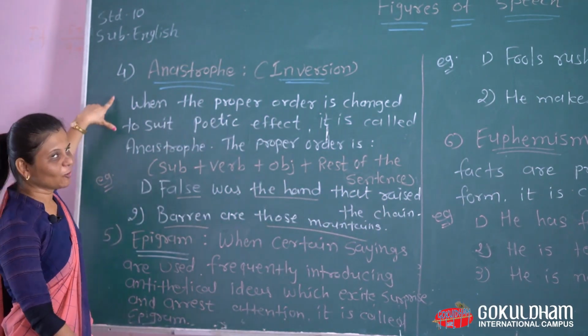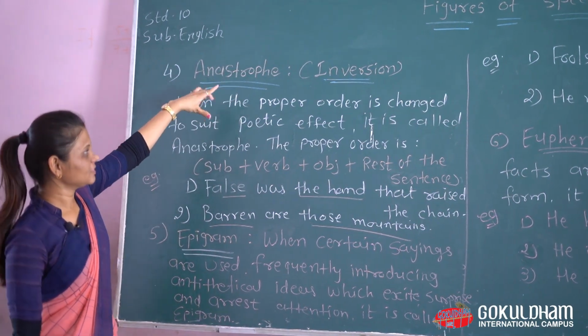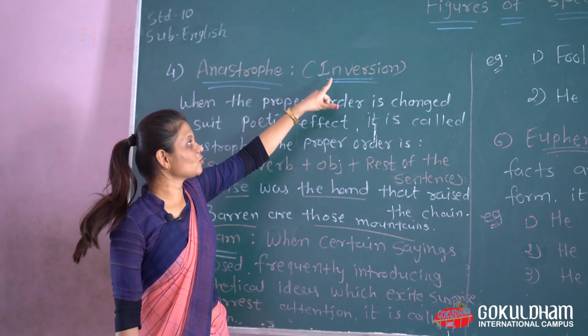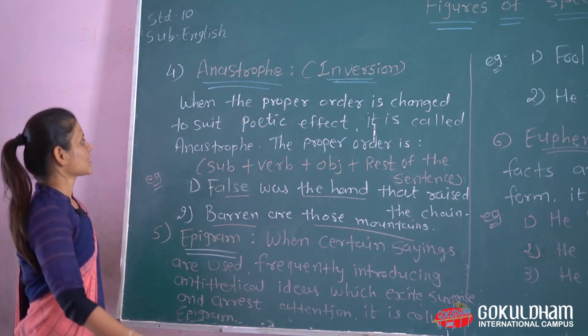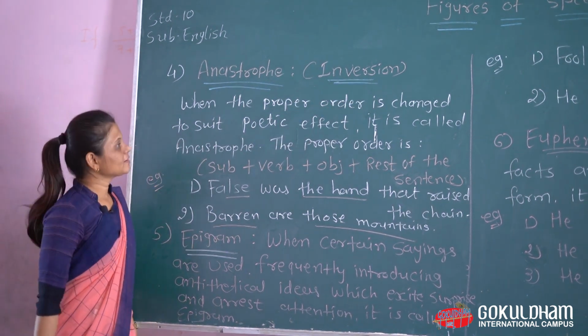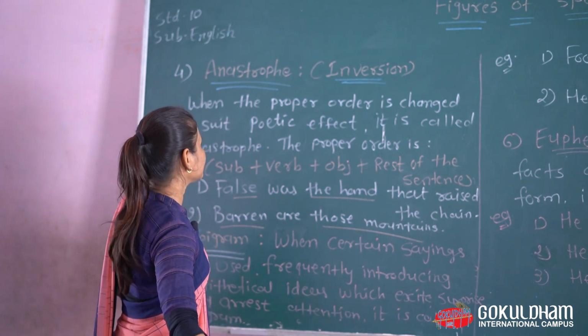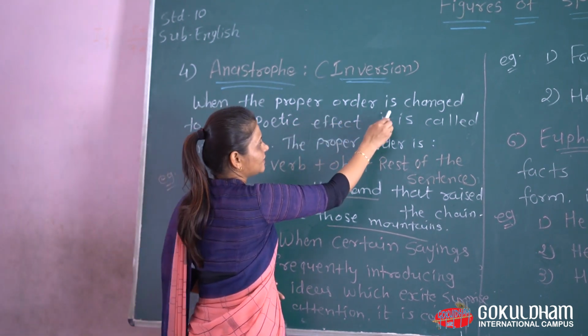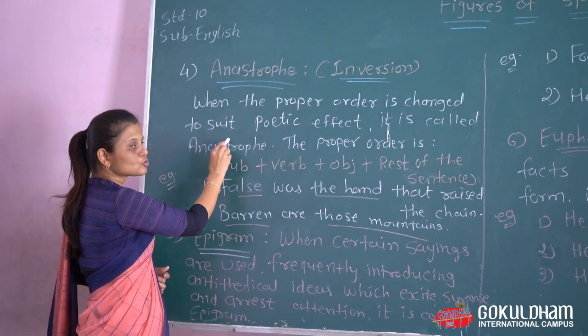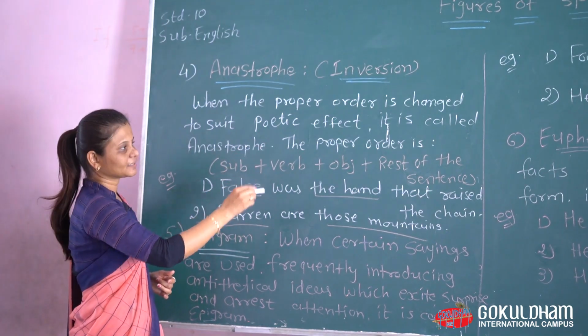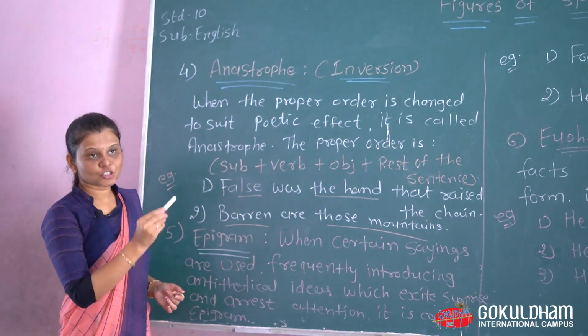Now number 4, anastrophe. In other words, we can also say inversion. When the proper order is changed to show poetic effect, it is called anastrophe.